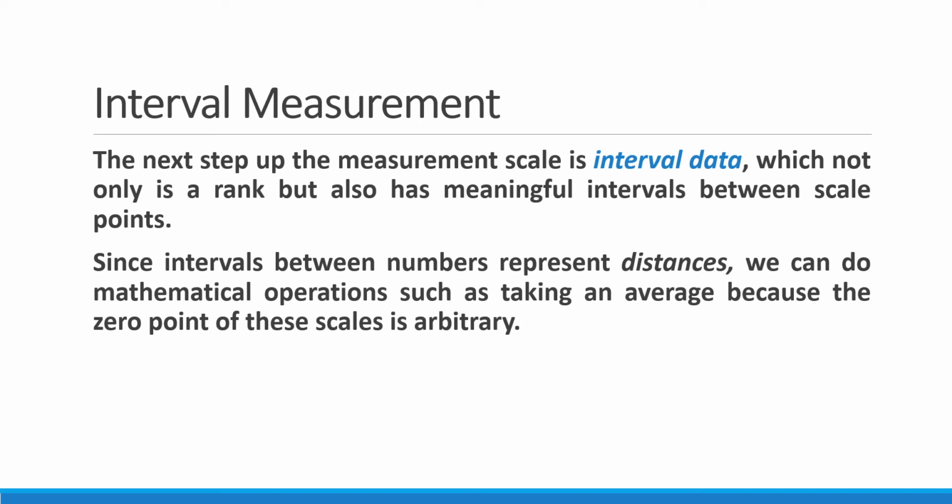So measuring temperature can be handled as interval measurement. We know that having a Celsius temperature of 50 degrees, it's higher than 40 degrees. But we can say that the difference between 50 and 40 is the same as the difference between 30 and 20.